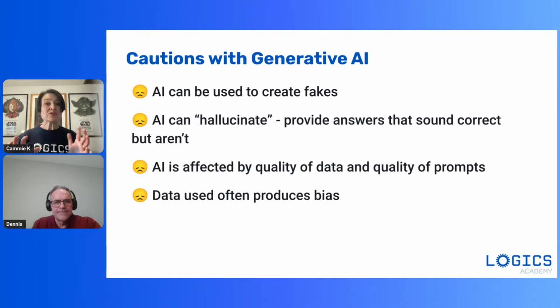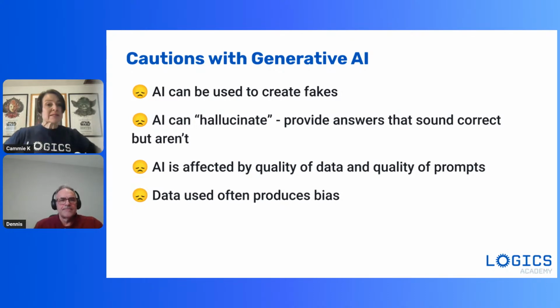Now, it can be used to create fakes. And the video talked about how important it is for us to be able to understand AI so we're better able to recognize those fakes. AI also, we call it hallucinates. Basically that's like AI is lying to us. It tells us things that are correct, but they aren't.